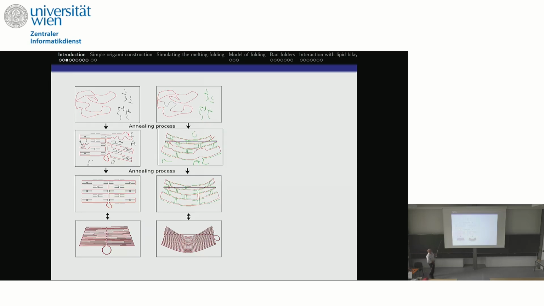So let me just tell you how the formation of these origamis goes. You have this red line, which is a very long single-stranded DNA, so a very floppy structure. At the end, you want to get some particular structure, let's say this rectangle or this constrained rectangle.